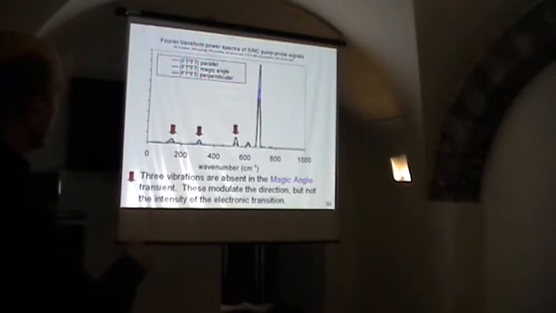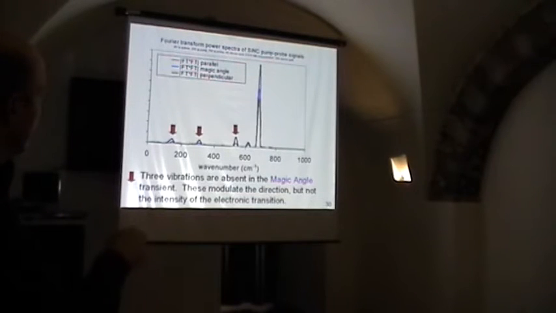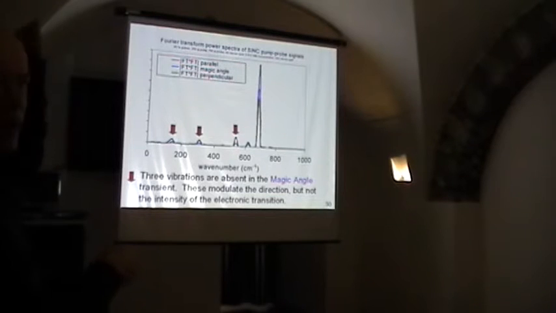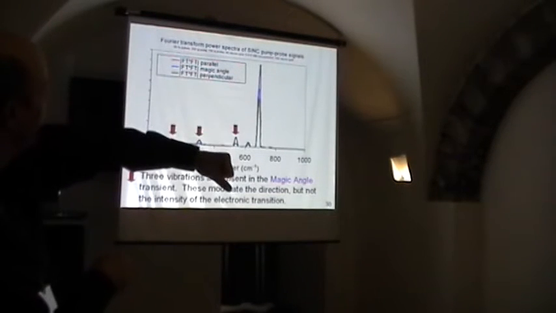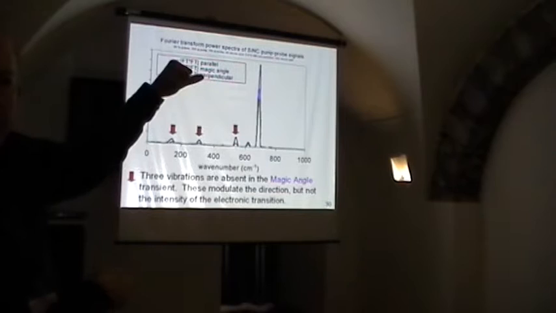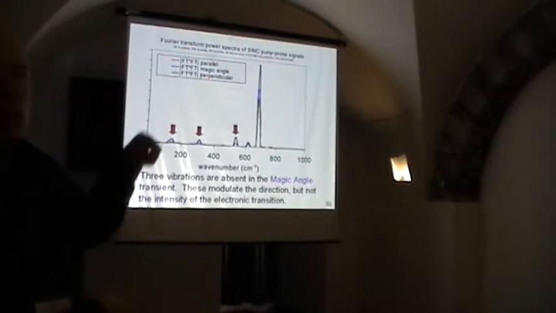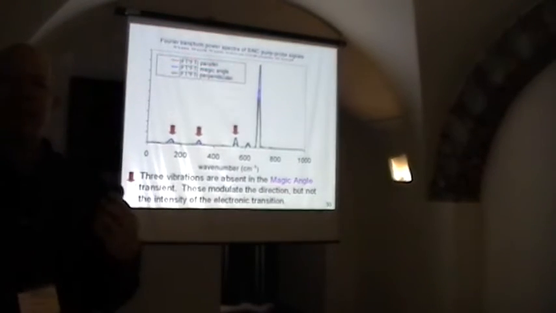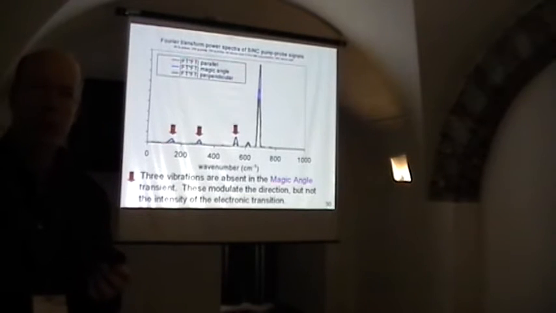And that's what everybody has been seeing going all the way back to experiments by Rosker, Wise, and Tang from '85 or so. Then there are 3 vibrations here which do something unusual. They show up in the parallel, they show up in the perpendicular, but they're absent in the magic angle. So this means they have no effect on how much light is absorbed.